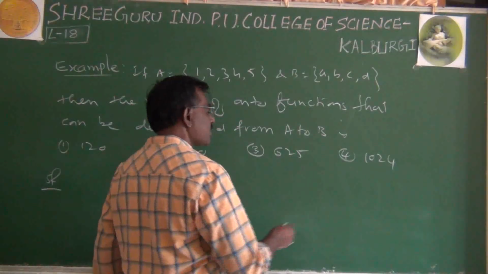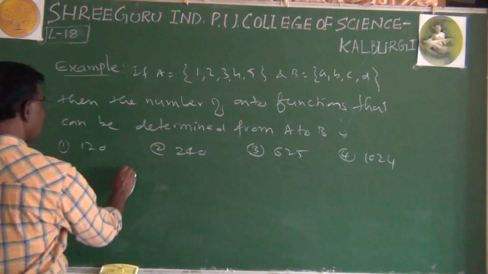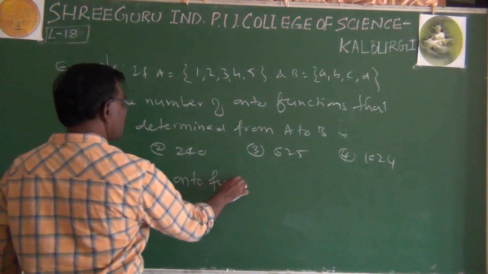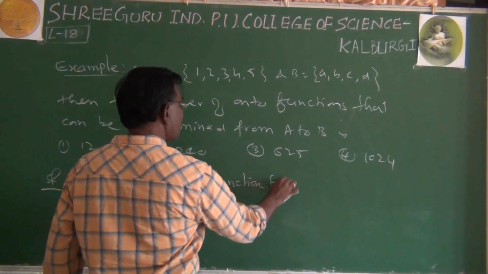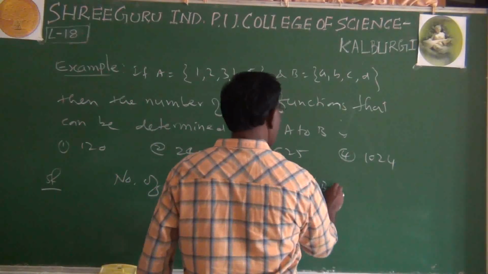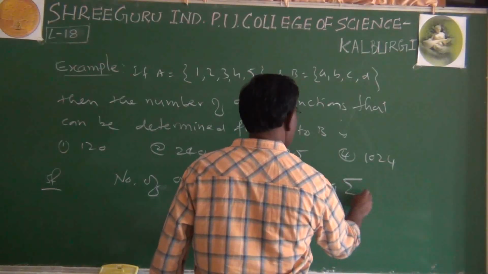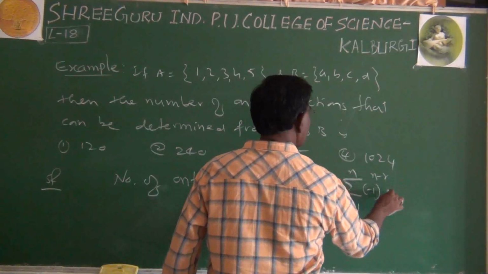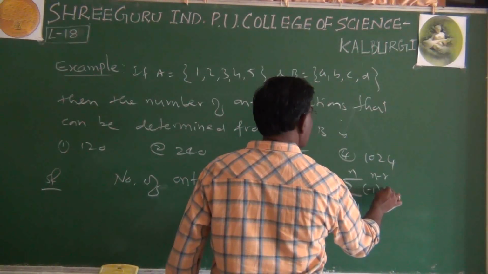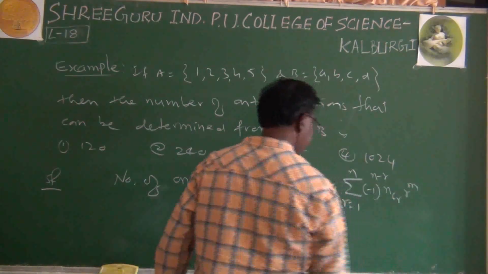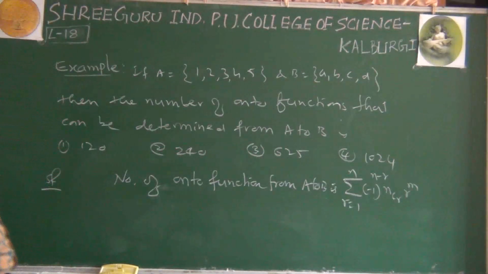So the formula: number of onto functions from A to B equals summation r equal to 1 to n of minus 1 to the power n minus r, nCr, r raised to m. This is the formula. Okay.